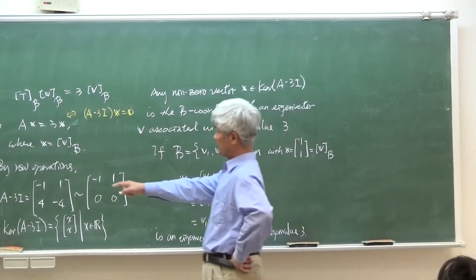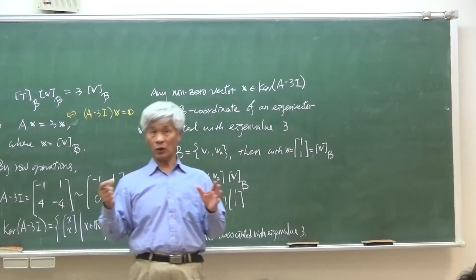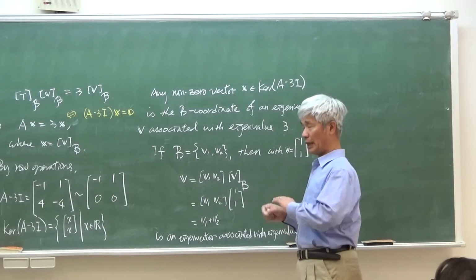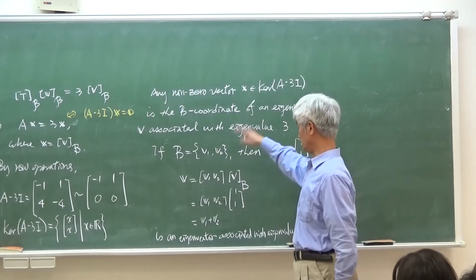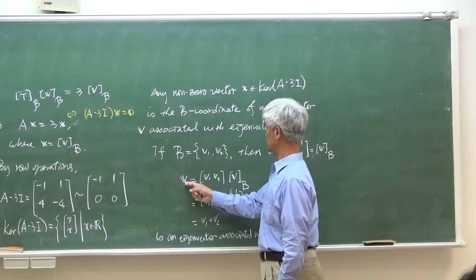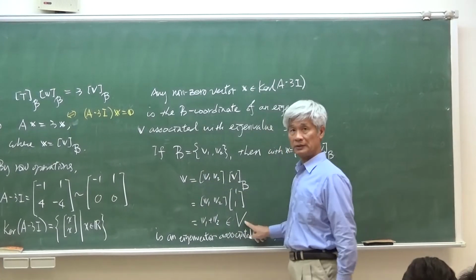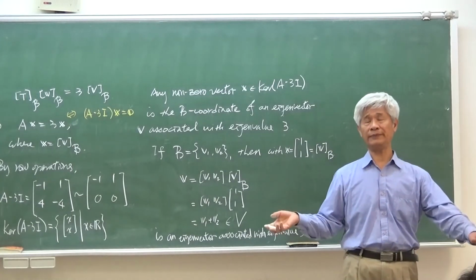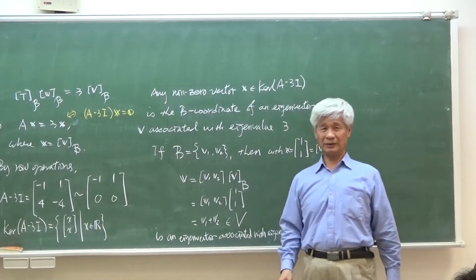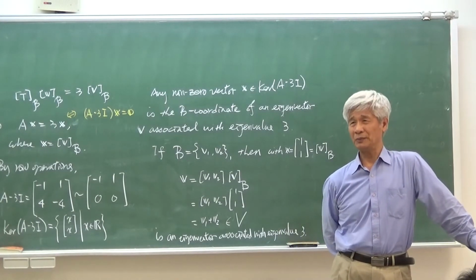Because with the matrix representation, what we find is just the coordinate vector of eigenvectors. So we have to synthesize it back to a vector in the original vector space. Because vector space V can be very abstract. For example, this could be the space of all polynomials of degree less than or equal to n minus 1.